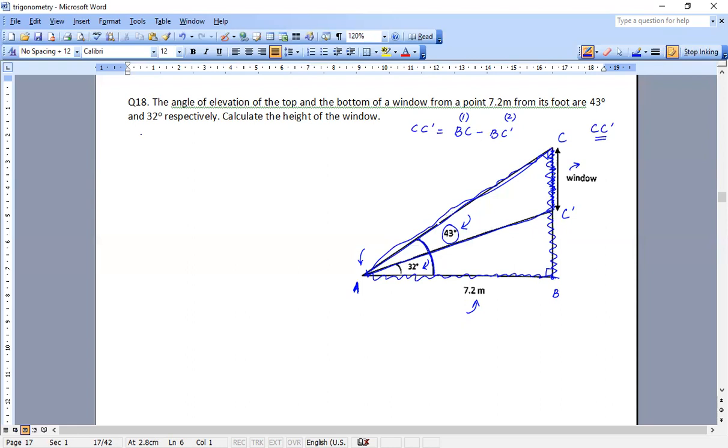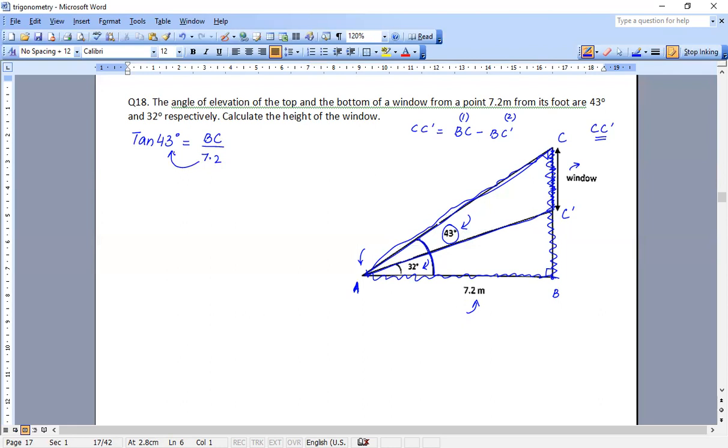So the trigonometric ratio which we are going to use in this case is tangent 43 degrees equals opposite, which is BC, upon adjacent, which is 7.2. In order to find the length of BC, I'll simply move this 7.2 over here and multiply with tangent 43.